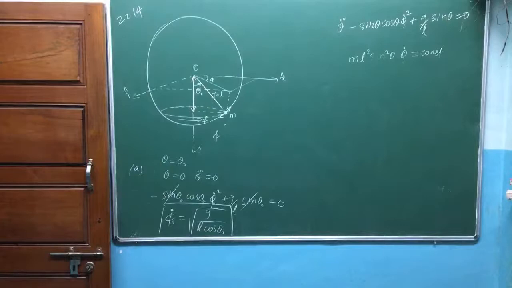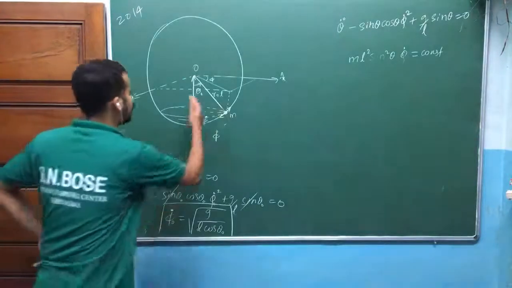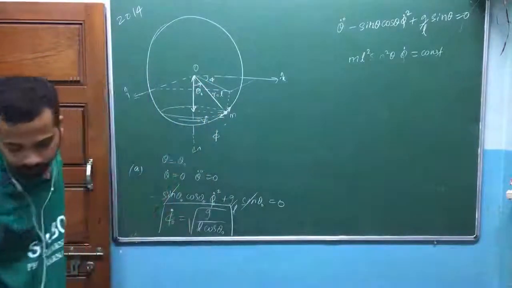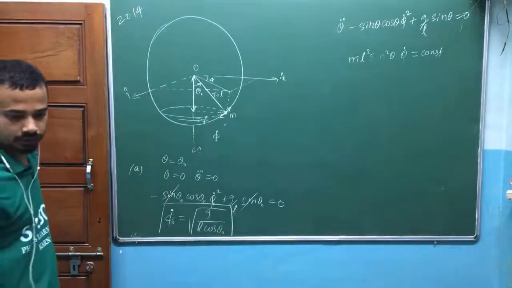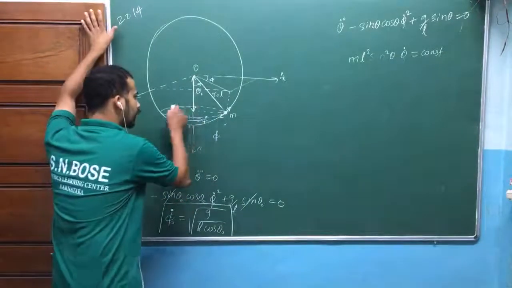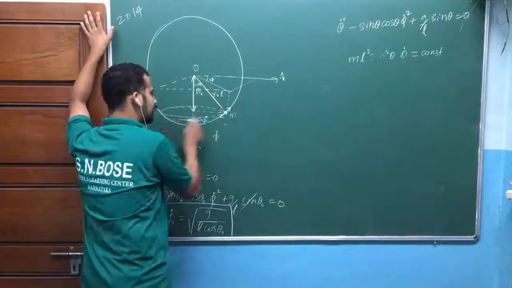Find the frequency of small oscillation when the amplitude of oscillation about theta naught is very small. What is the frequency of this oscillation? That's the next part of the question. It is doing a kind of circular motion, and it will try to retain that circular motion.